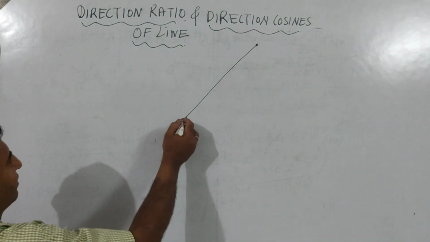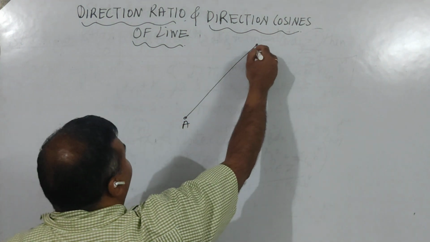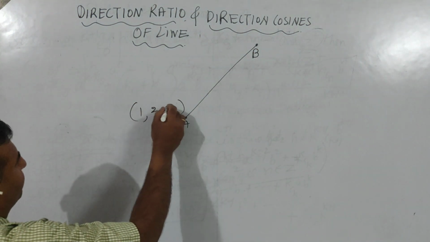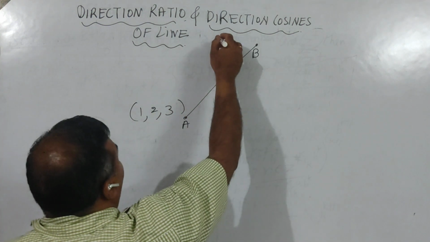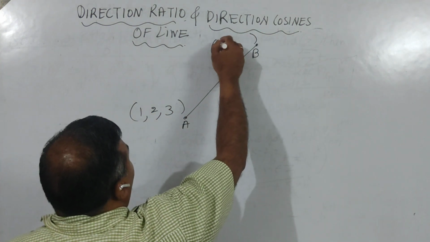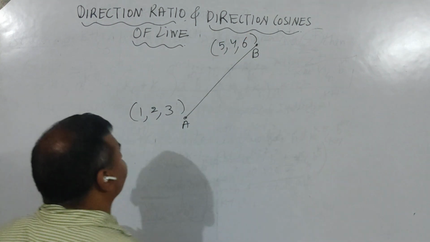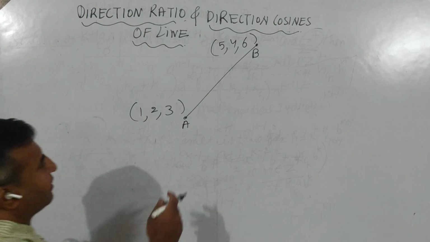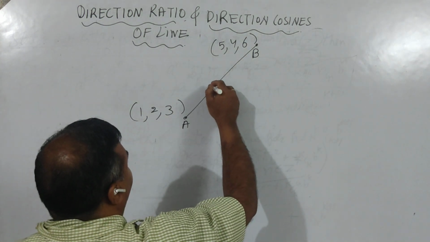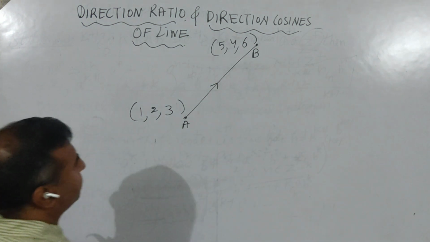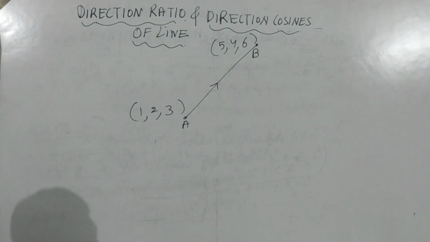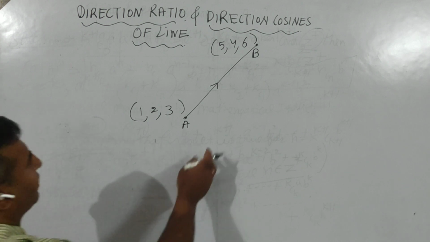If I take points A and B, A having coordinates 1, 2, 3 and B having 5, 4, 6, how can we find the direction ratio of the vector AB or BA? But for a line, you write the direction ratio of a line AB.